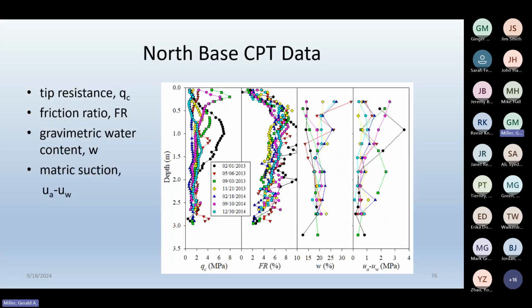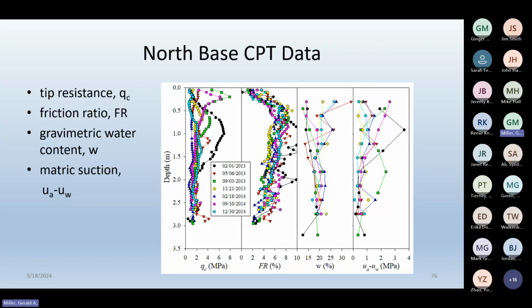And then this is the North Base CPT data. Again, you can see there's quite a bit of variation, and on the particularly dry dates, you do see a significant difference in tip resistance, which is typically used to estimate mechanical soil properties, and also a difference in friction ratio.